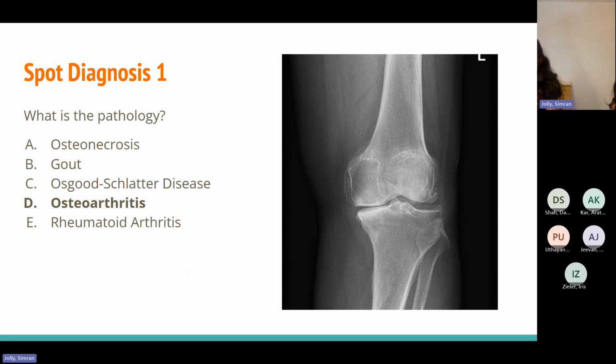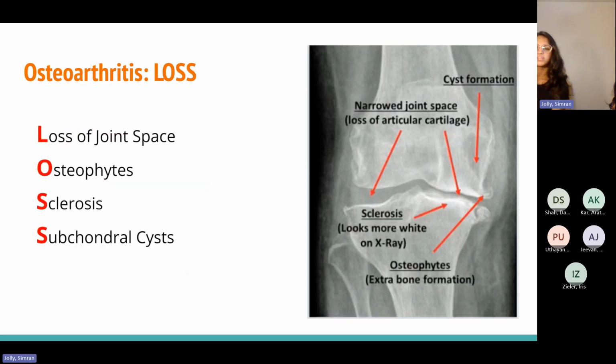So this is osteoarthritis. LOSS is the mnemonic we use to remember the features of an osteoarthritis X-ray. We're looking at the knee joint here. L is for loss of joint space, so you can see that there's some narrowing of the joint.